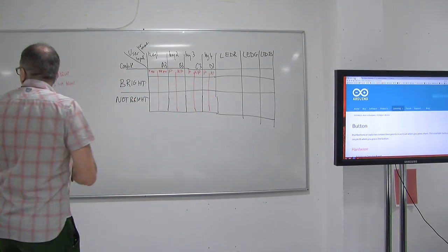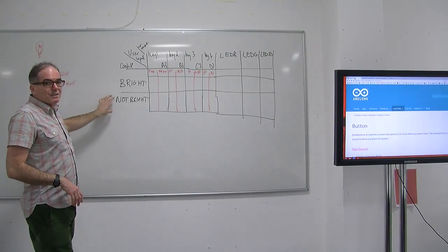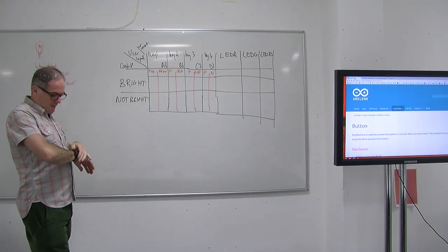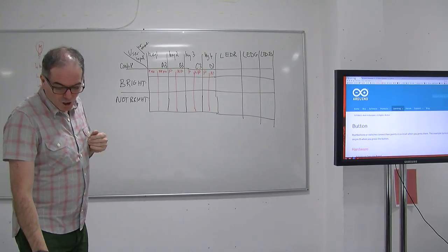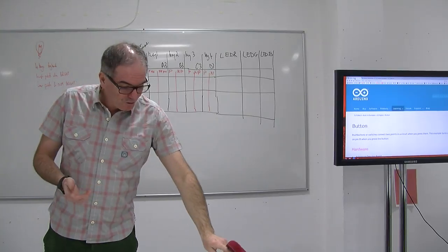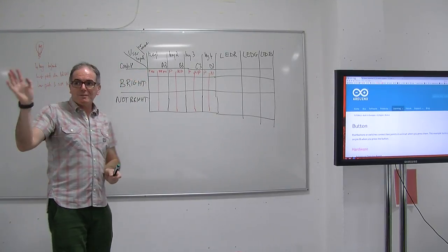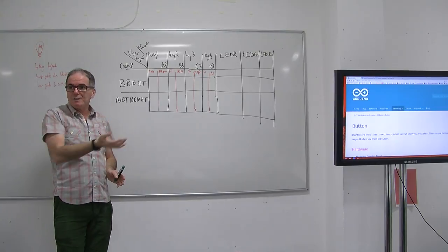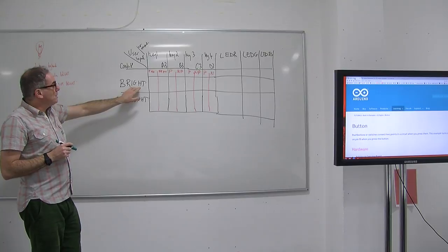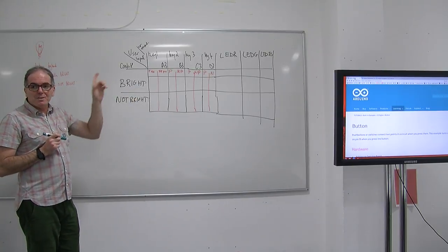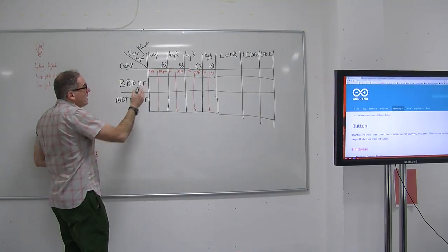We have the condition that's bright and the condition that's not bright. For those who arrived late, don't worry, I'm going to repeat that when I finish filling it in. When it's bright and the button is pressed, we said play A3.